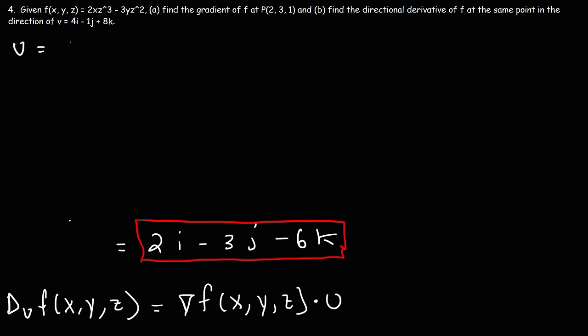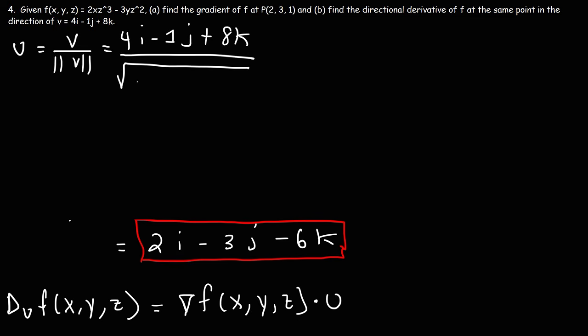So we know that's going to be v over the magnitude of v. So v is 4i minus 1j plus 8k. And the magnitude is going to be the square root of 4 squared plus negative 1 squared plus 8 squared. So 4 squared is 16, this is 1, and 8 squared is 64. 16 plus 64 is 80, plus 1, that's 81.